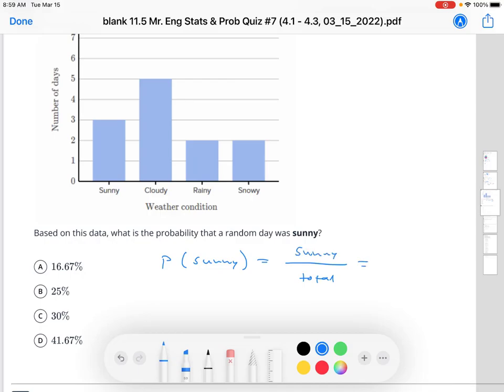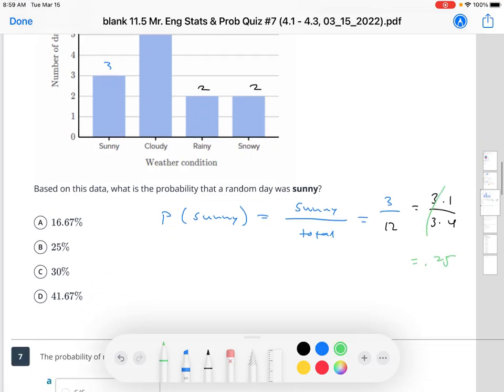So sunny days is 3. And then the total is 3, 5, 2, and 2. So that would give me 3 over 12. So this would reduce to 1/4, which is 0.25, or 25%, B.